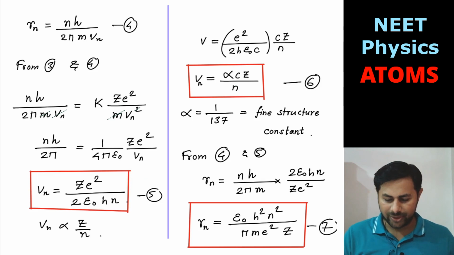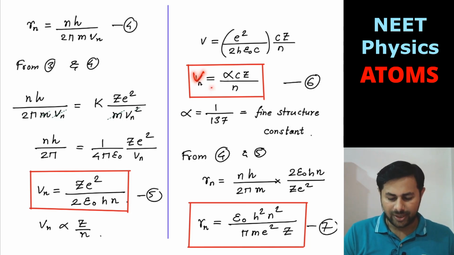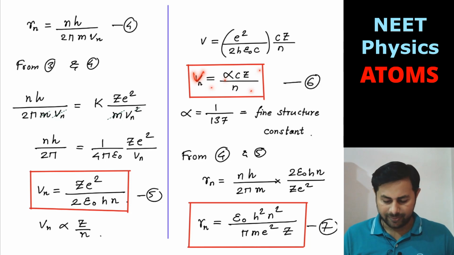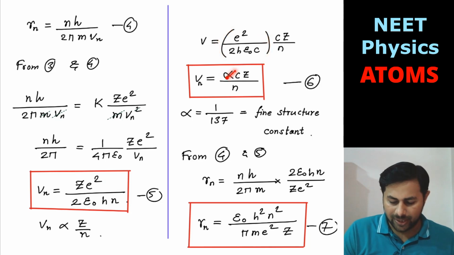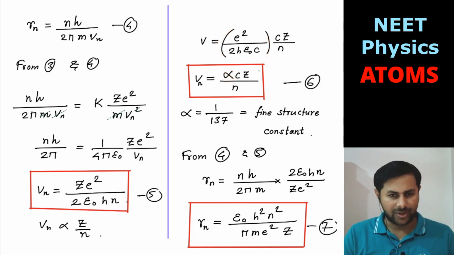Then you can rearrange this in a certain manner and write Vn is equal to alpha times Cz by n. What you have done here is just multiplied by C and divided by C, and rearranged this. This alpha is known as the fine structure constant, and its value is 1 by 137.